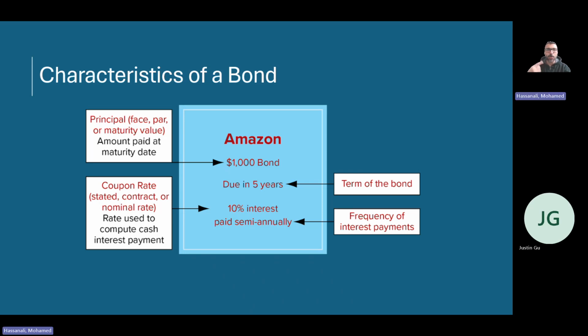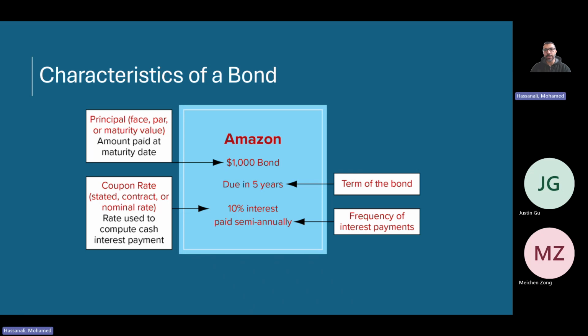But that is all assuming that the interest rate that you are going to pay the investor is what would be considered the market interest rate for your bond. And usually what would happen is the bond will have an interest rate that is different than what the market interest rate is. Okay, so that's something to consider, that you aren't always paying an interest rate that is the same as the market interest rate.